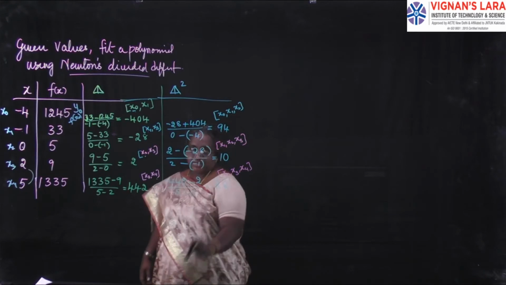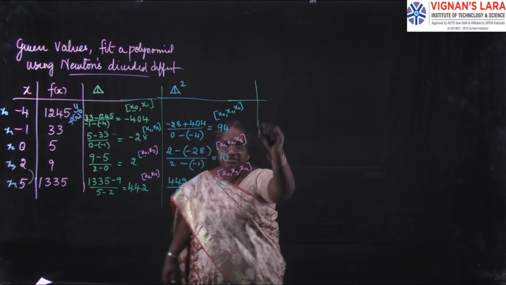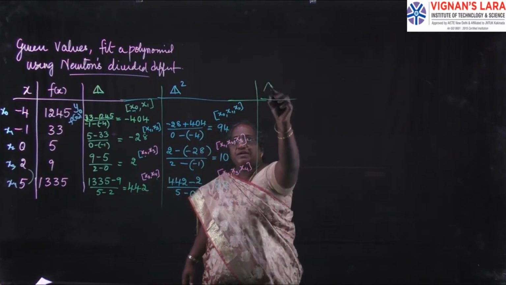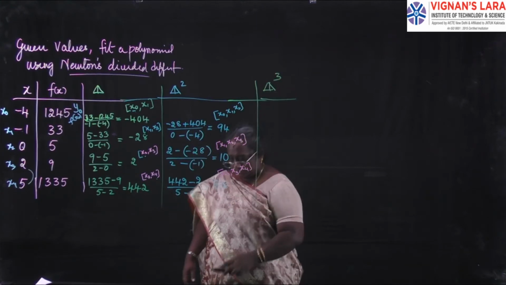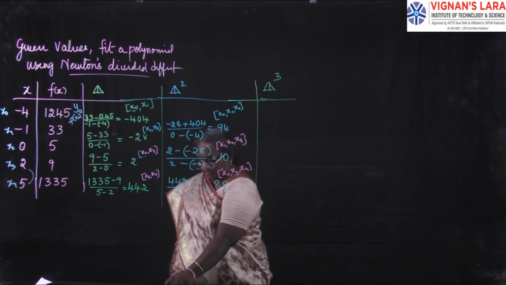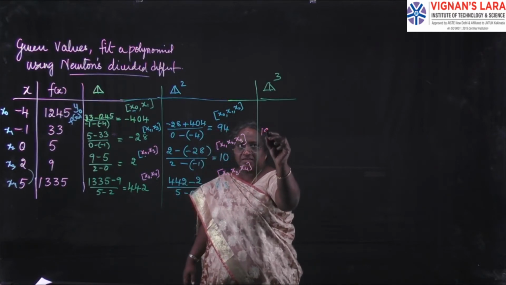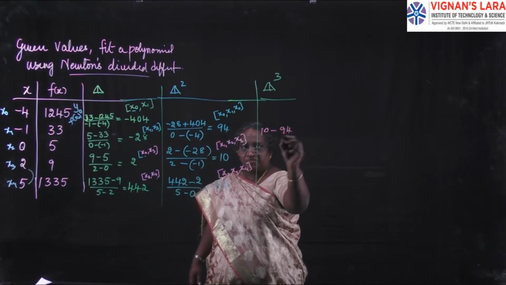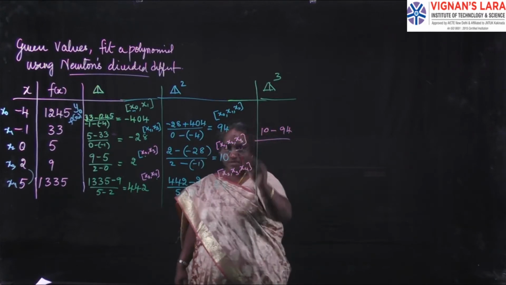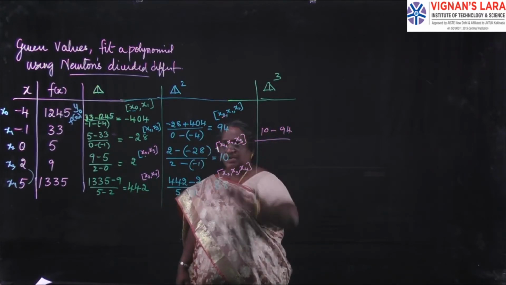So this is the second divided difference. Now let us see the third divided difference. What do we have to calculate? 10 minus 94, there is no change in that numerator. Only the denominator values change. See the last value x3 minus x0.